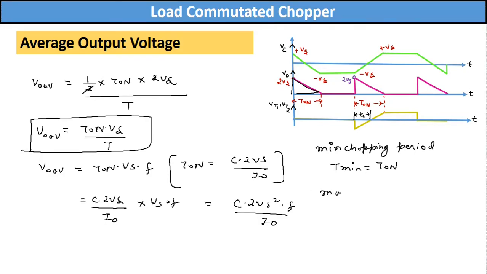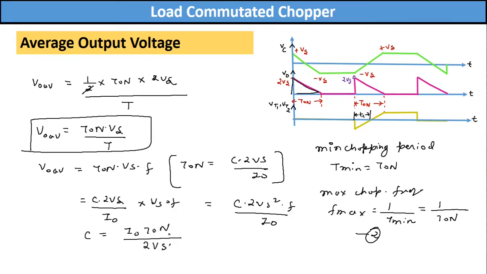Now we can find the maximum chopping frequency. It is represented by F max. It will be equal to 1 upon the minimum chopping period, that is T minimum. This will be equal to 1 upon T on. Let this be equation number 2. If we find the capacitance value in terms of maximum chopping frequency, we have found that C is equal to this equation.